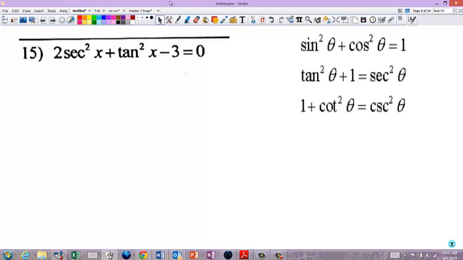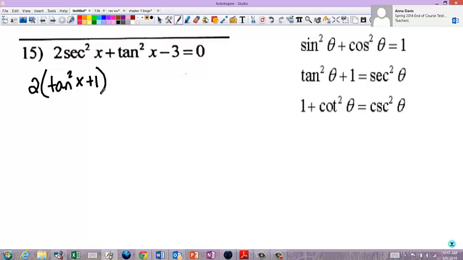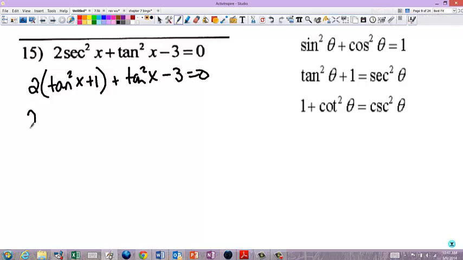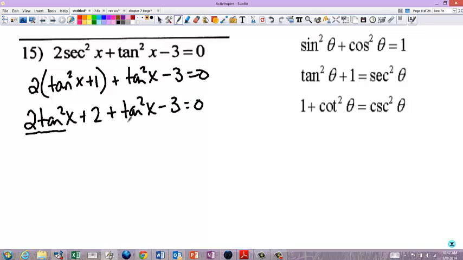So 2 tan squared plus 2, so 2 of them plus 1 of them makes 3 tangent squared. And then a negative 3 and a positive 2 would be minus 1.